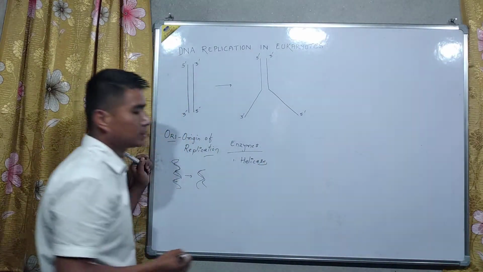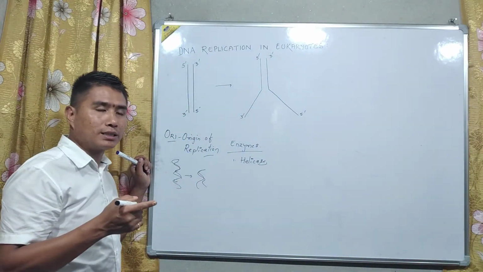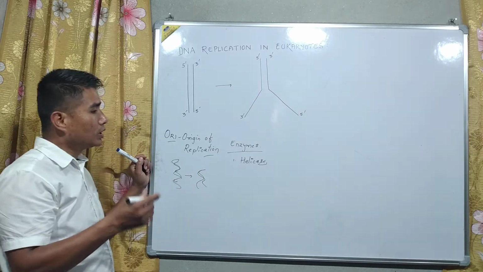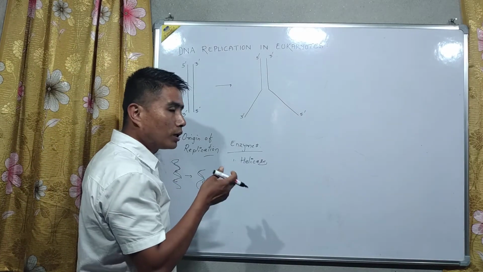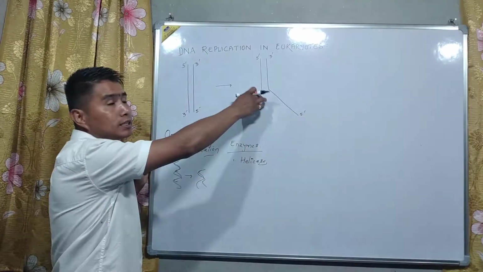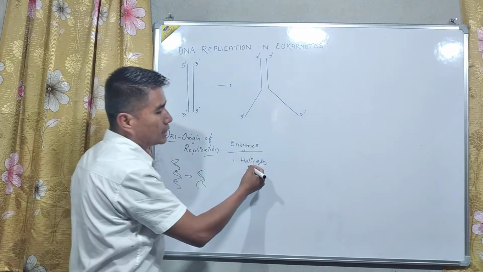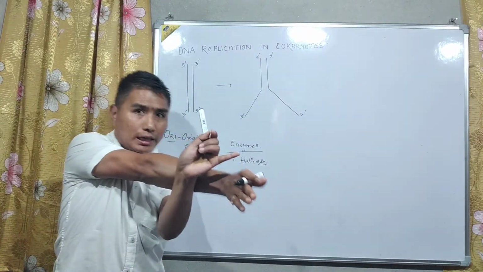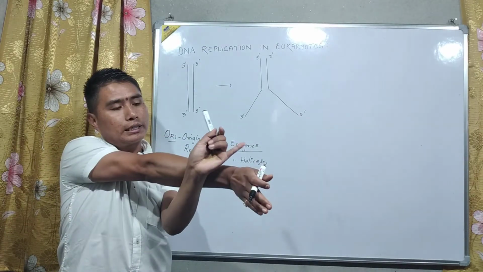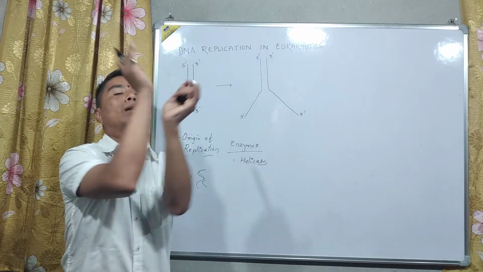Please remember, whenever 'ase' is there, that is an enzyme, like proteinase or cellulase. Likewise, to open this helix, an enzyme is needed which is known as helicase. The DNA helix is opened up with the help of what?